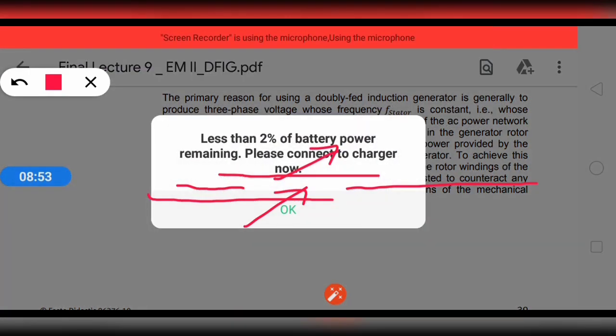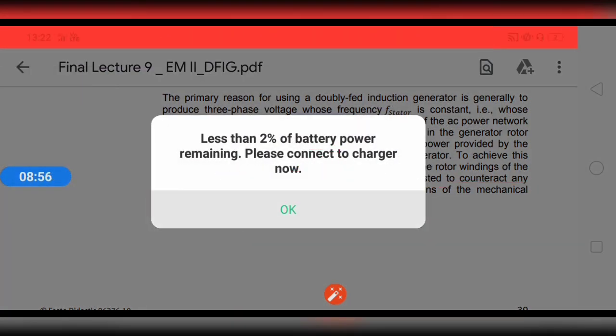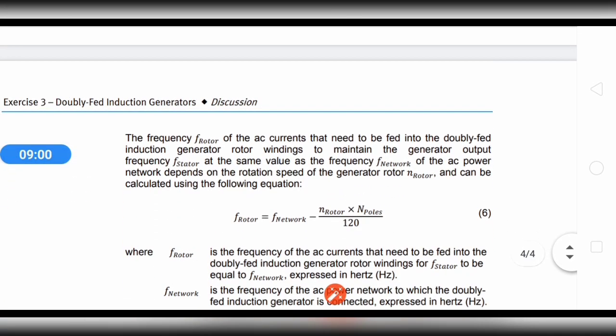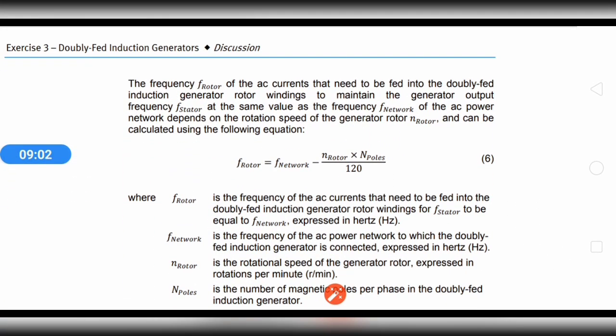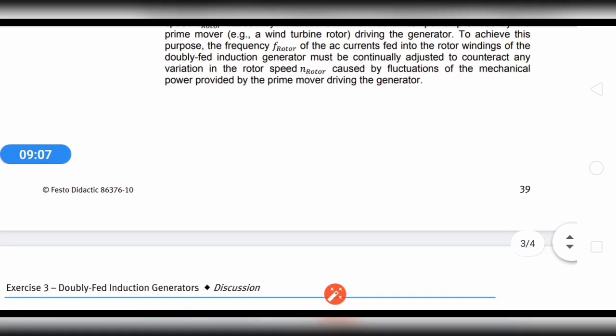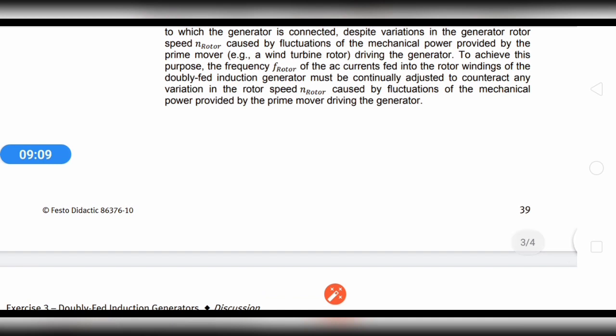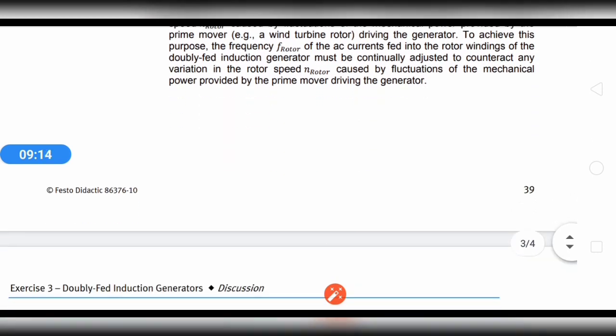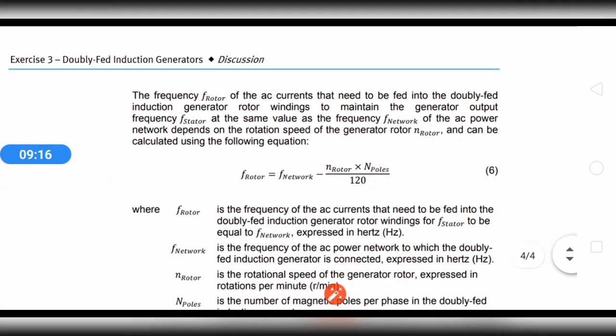So this is what plays a critical role in this reference frame. Let us see how the fluctuation can be met. For example, consider the frequency of AC currents that needs to be fed into the doubly fed induction generator winding to maintain the generator output the same as the value of the AC network frequency.